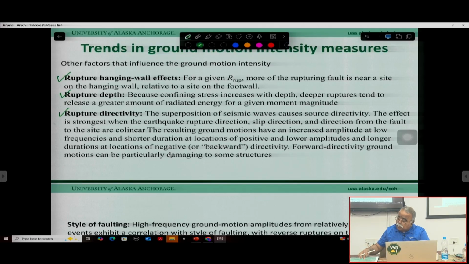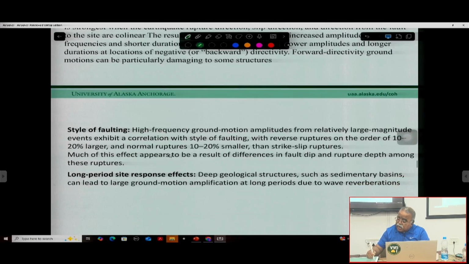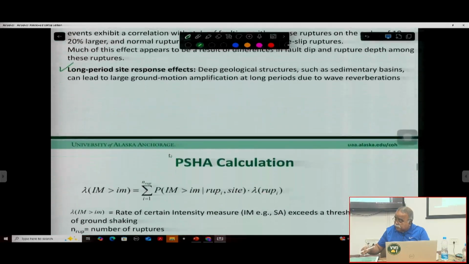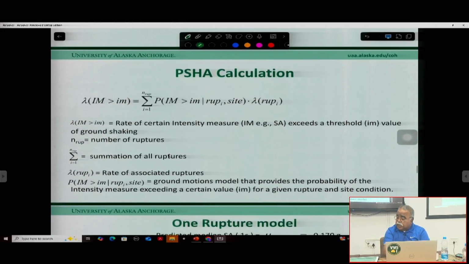Then the style of faulting, whether it is a strike slip fault, a reverse fault, or what type of fault it is. That also matters, and the long period site response effect we also have to calculate, right?